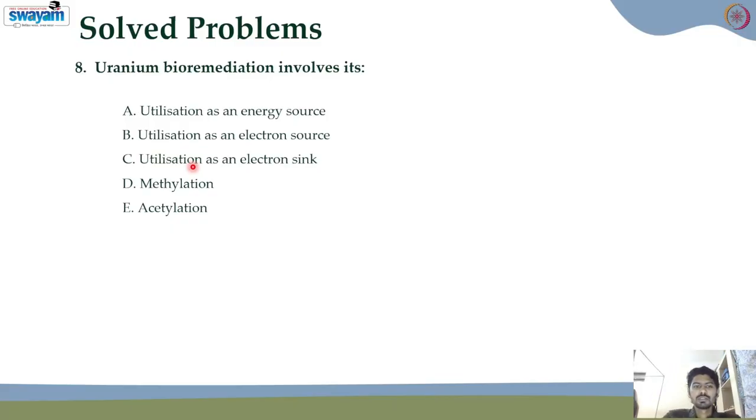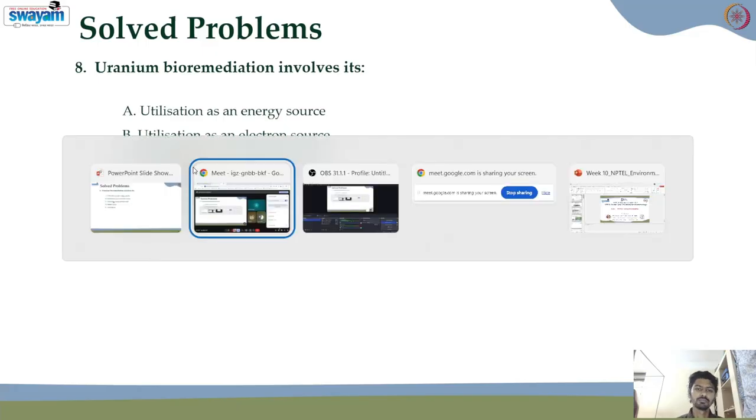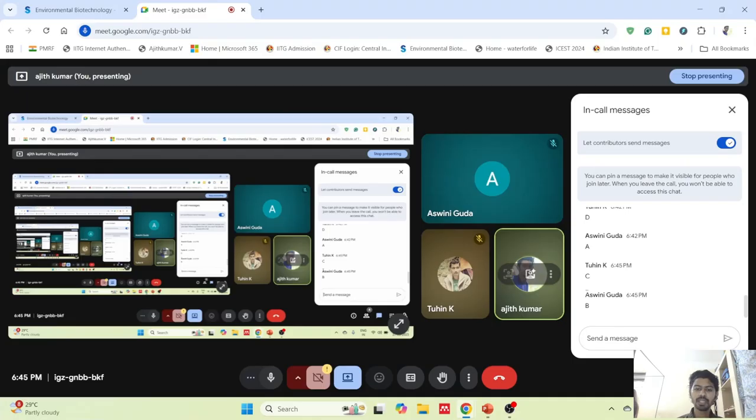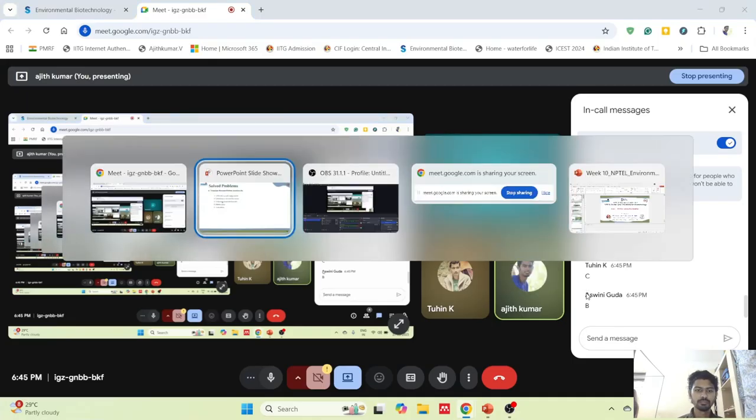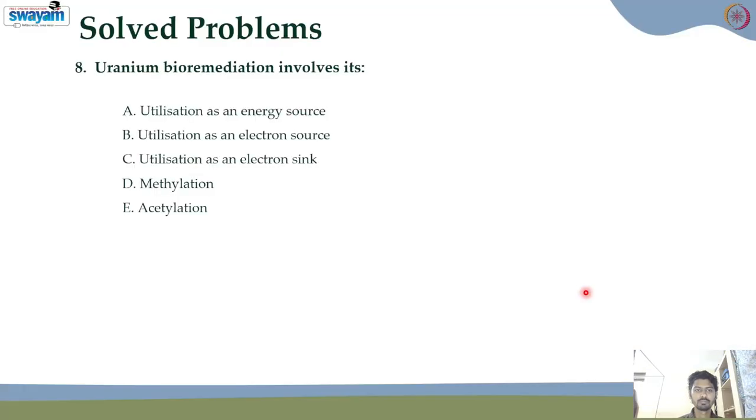Any other answer? Option B, okay. Let's see the answer. It is option C, utilization as an electron sink.